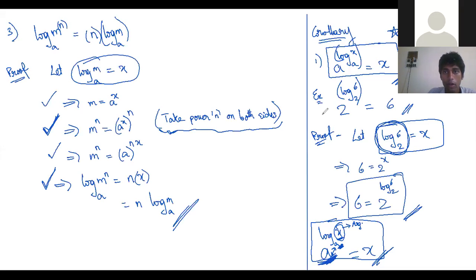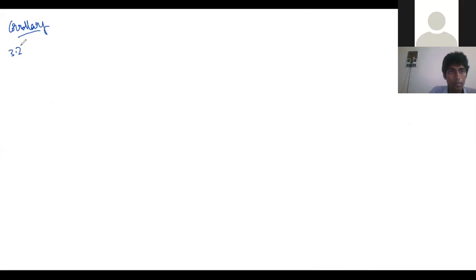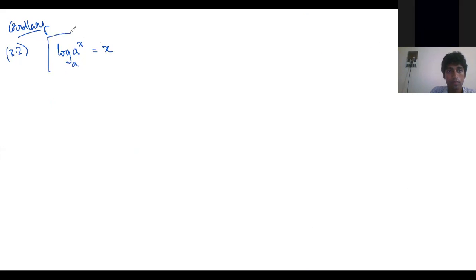So the next corollary. Which law is this? Maybe I'll give a better numbering. This is law 3, right? I'll call this 3.1, and then the corollary 3.2. Corollary 3.2 says log a to the base a is equal to 1, and log of a power x to the base a is equal to x.